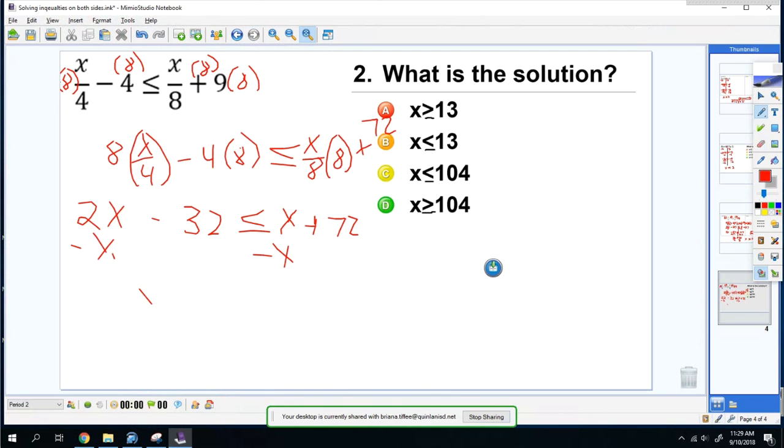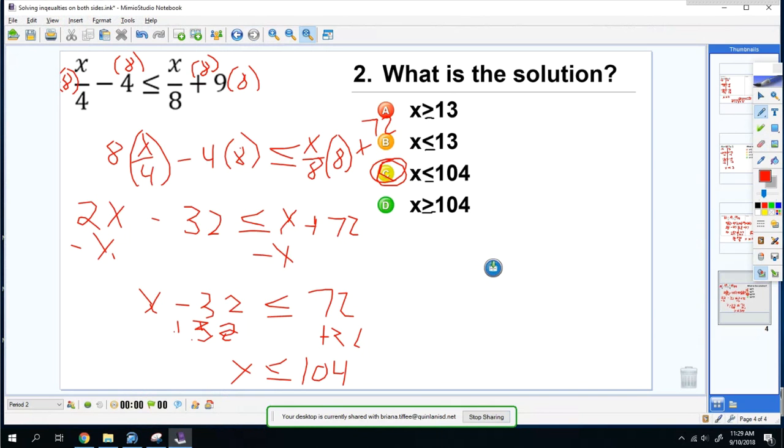So now I have x minus 32 is less than or equal to 72. So then I add 32. You get x is less than or equal to 104. And so the answer would be C.